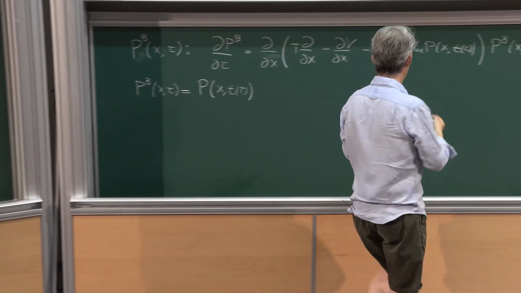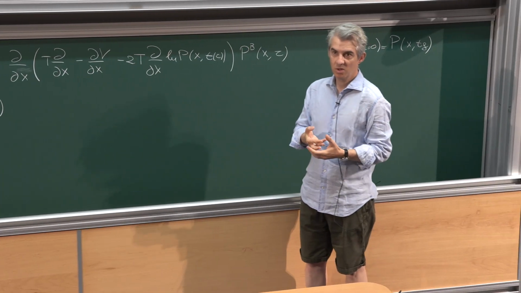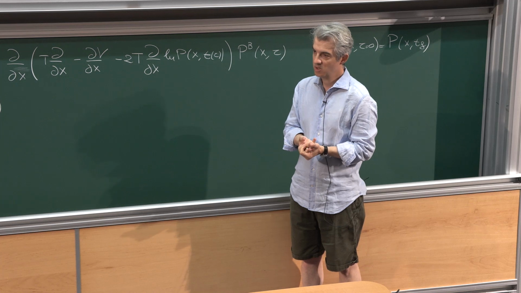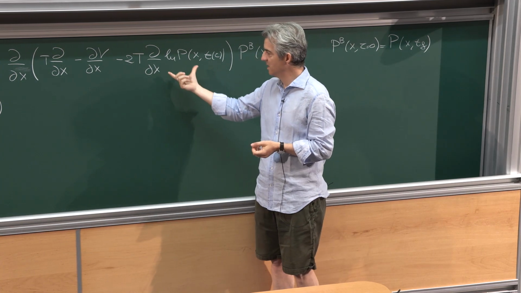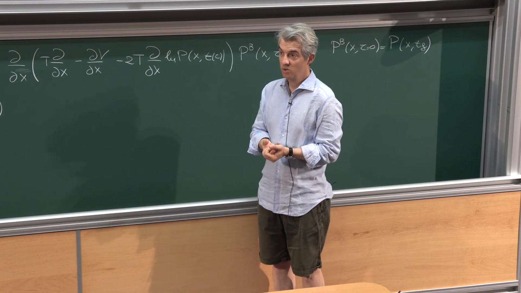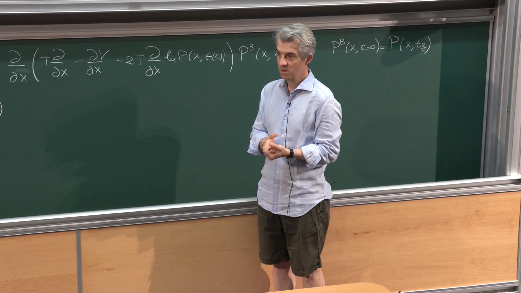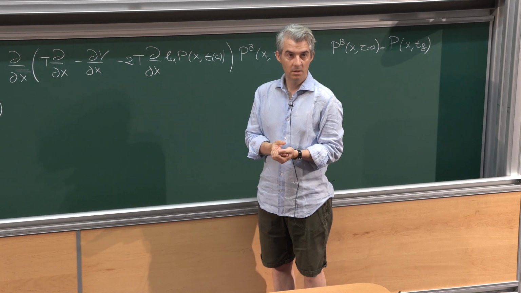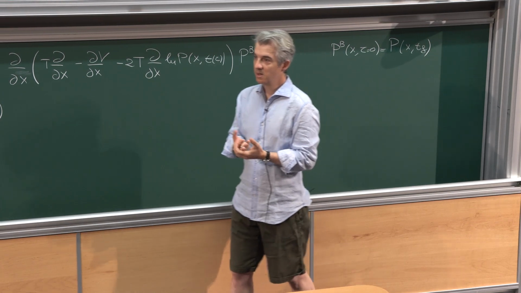Indeed, if you look at log of p, it's a little bit what was called the instantaneous entropy in stochastic thermodynamics. So this is like the gradient of the instantaneous entropy. Maybe that's a way to interpret why this can allow you to go back in time. Is that the answer to your question? Yes, the physical interpretation.